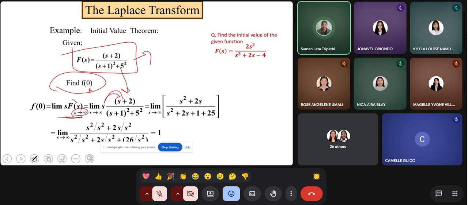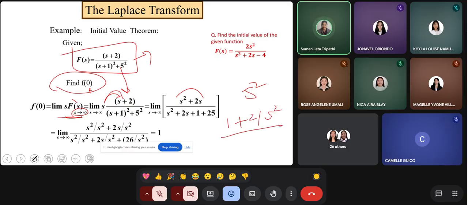Now you multiply here, so you will get s square plus 2s, and see the highest power of numerator and denominator. The highest power is s square. So you divide by the highest power in numerator and denominator. Once you divide by s square, s square by s square becomes 1, and the second term will be 2 by s.